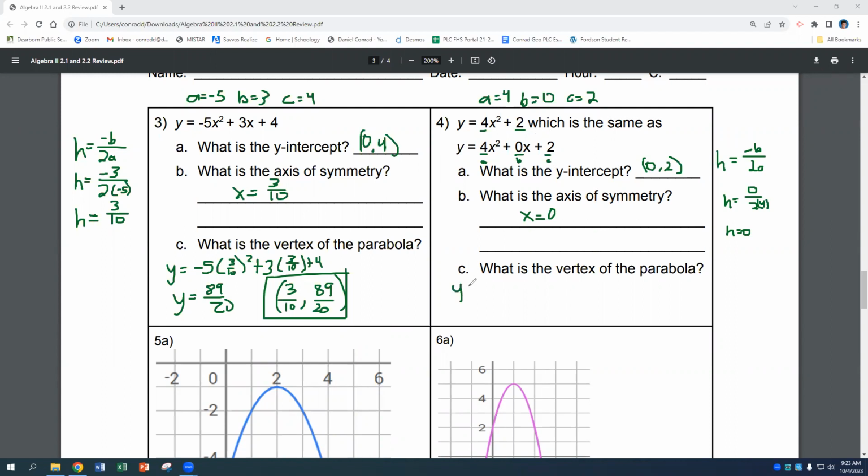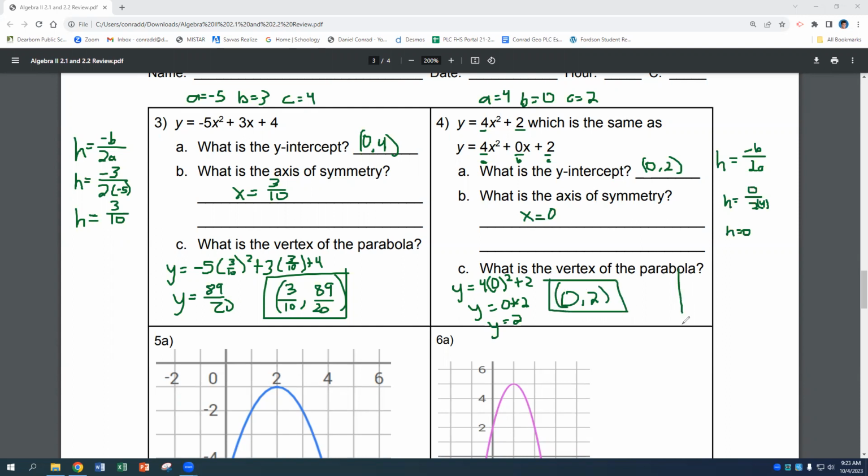So y equals 4 times 0 squared plus 2. You're going to get 0, 2. So my vertex is 0, comma 2, the same as the y-intercept, right?